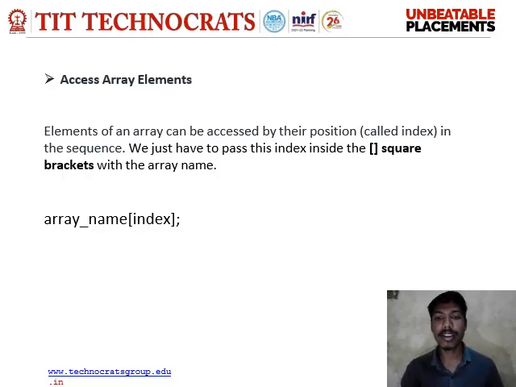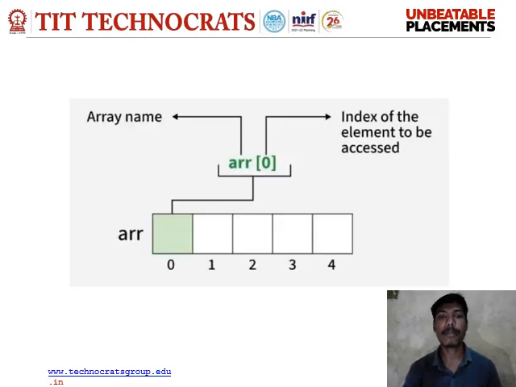You should write the index of the element inside the square brackets with the array name, and access only that element. So to access an element of an array, write the name of the array and pass the index, like arr[index]: the array name and then the index. In the diagram, arr[0] indicates the zeroth element inside the array named arr.